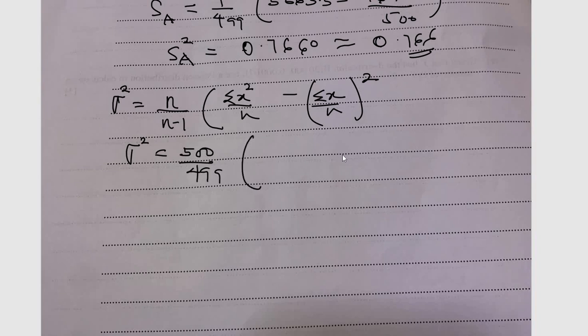Summation x squared is 5663.5 over 500 minus our mean. Our mean is 3.25 squared. Let's see. We're going to get the same thing after using the calc, which is 0.766. That's it.